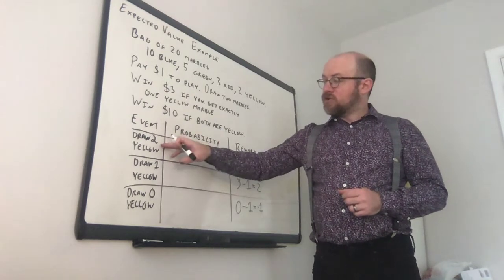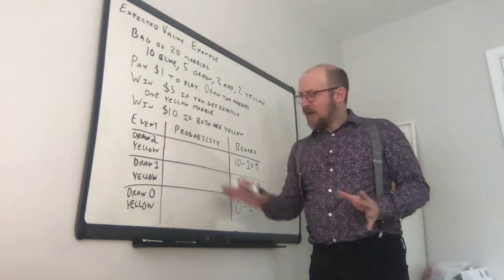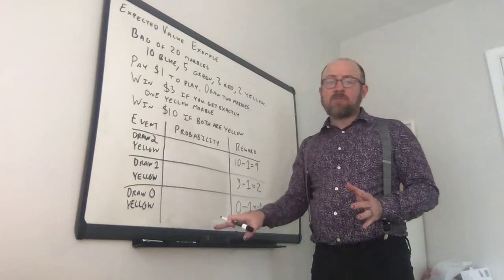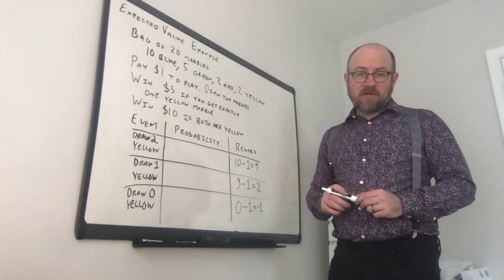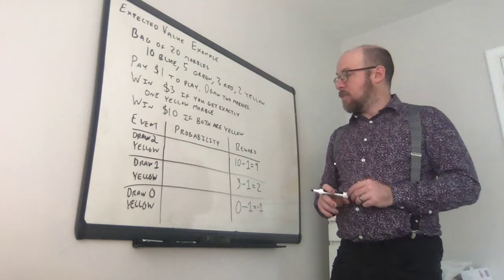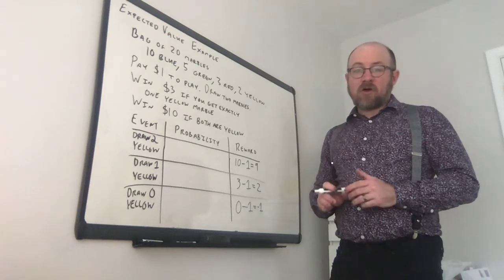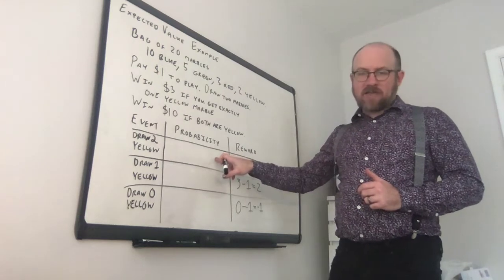You could draw 2 yellow, 1 yellow, or 0 yellow. Those are the only 3 options. And so what we know is that these 3 probabilities have to add up to 1. Remember that all of the probabilities add up to 1. That's the nice thing about probabilities: if you've got all the events covered, they all add up to 1. So, drawing 2 yellow.